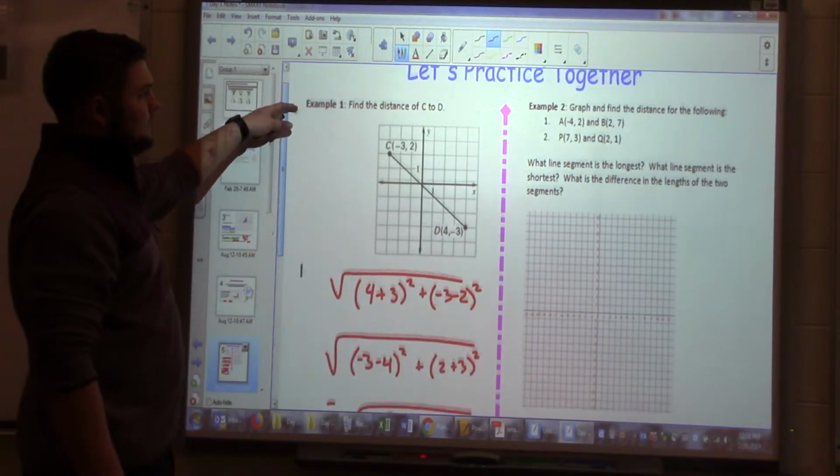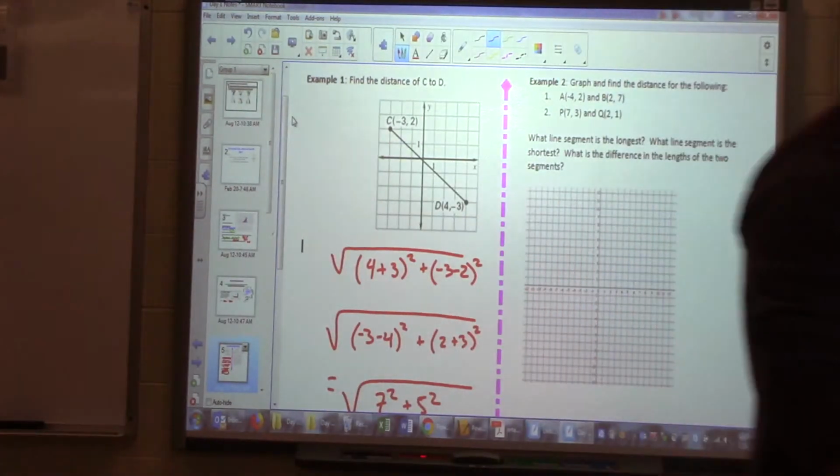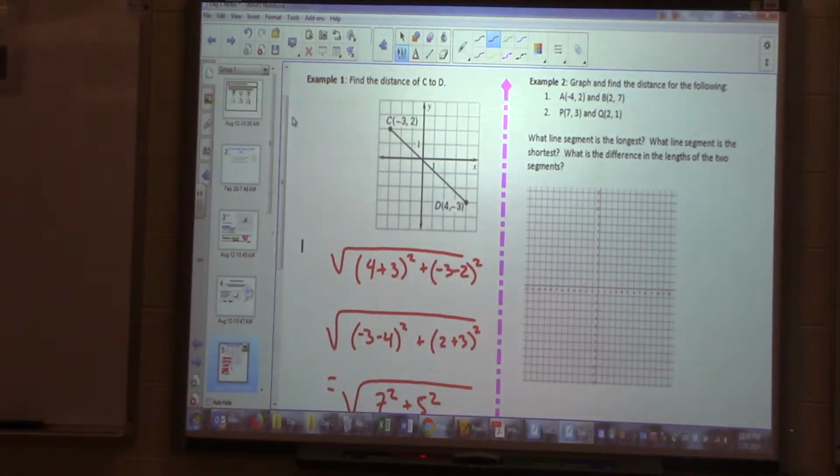Alright. Graph and find the distance of the following. A, B, and PQ. So I'm going to let you guys graph those for a second. Graph A, B, and PQ.